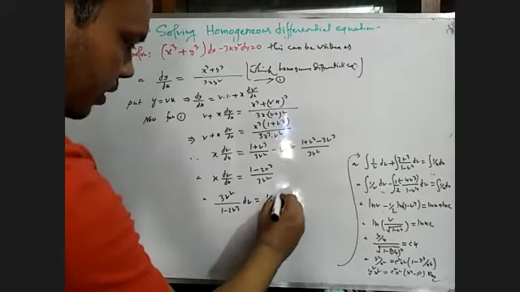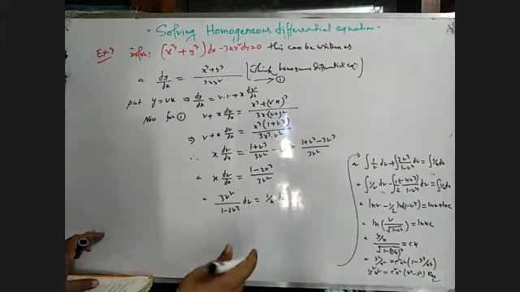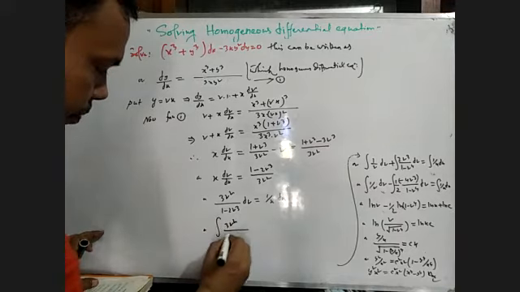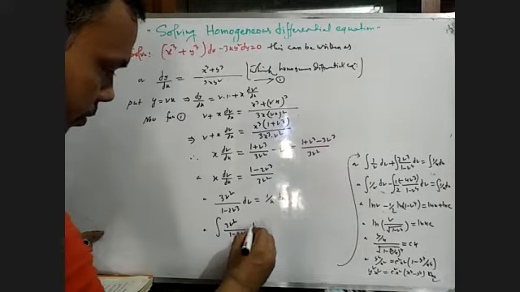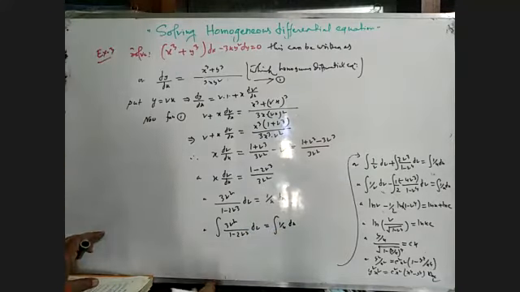This will be 1 by x dx. Just separating the variables. Now integrating on both sides.